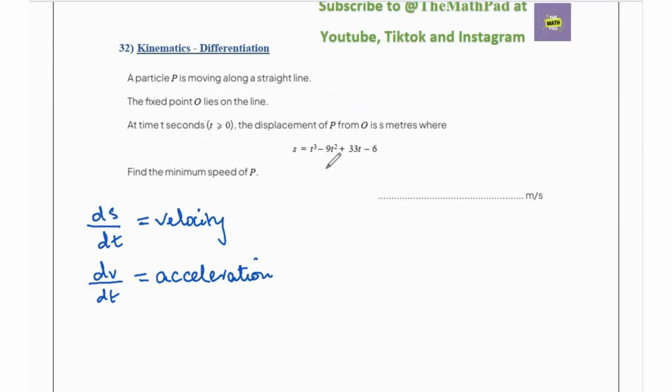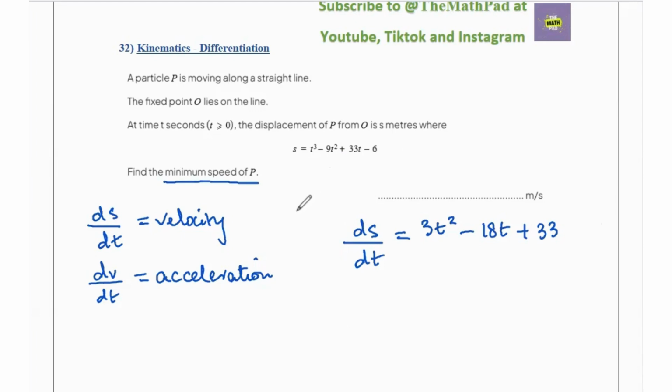So for the minimum speed, first we need to differentiate the displacement function to have an equation for velocity. So ds by dt is going to be 3t squared minus 18t plus 33. As you know, the derivative of a constant is 0. Hence, we don't write anything for negative 6.